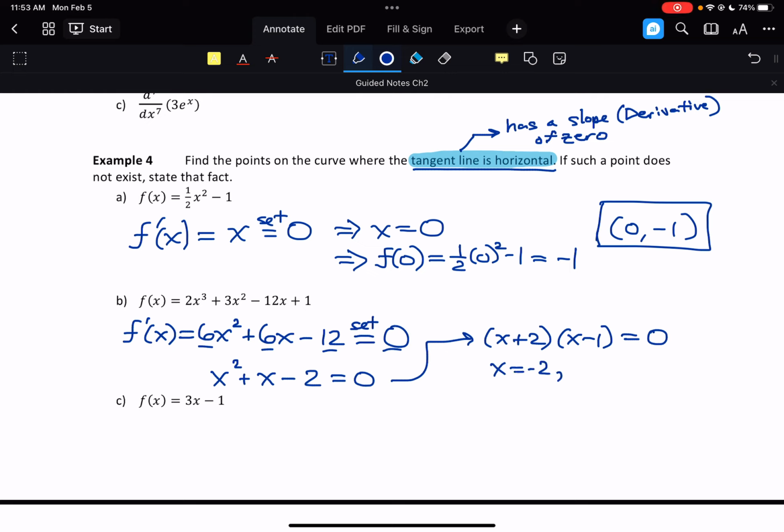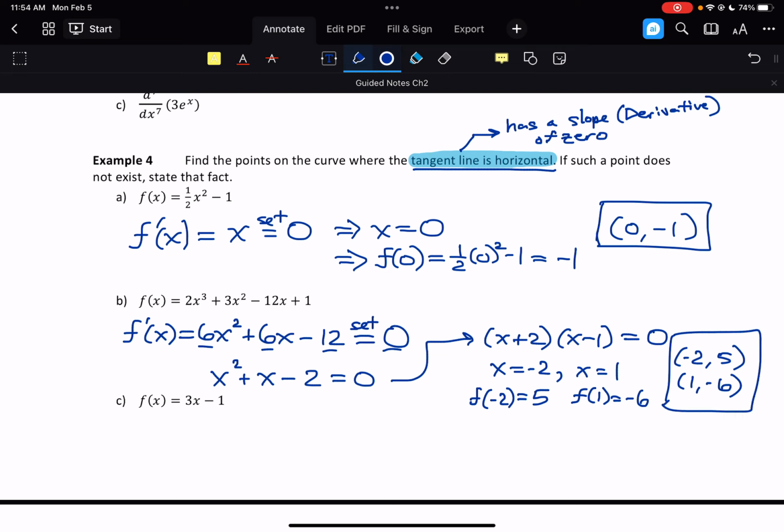So we get x is negative 2 and x is 1. And then find the points that correspond to those. So f of negative 2, which I'll just tell you is 5, and f of 1 is negative 6. So there's 2 points. So there's (negative 2, 5) and (1, negative 6), where this function has a tangent line that is horizontal, or in other words, has a slope that is 0.